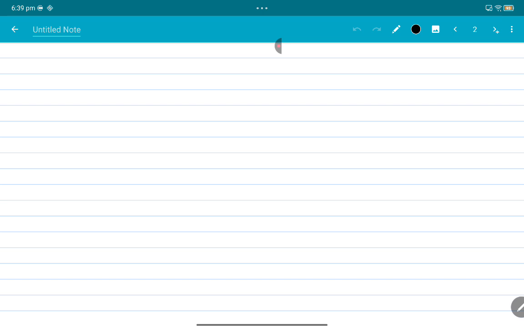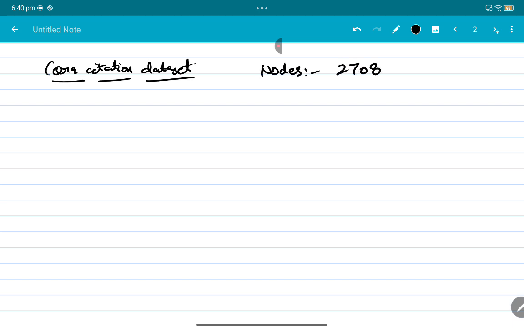So let us consider the Cora citation data set. It is a classical data set which is heavily used to analyze the graph convolution network. In this data set we have around 2708 papers, so it means we have 2708 nodes.